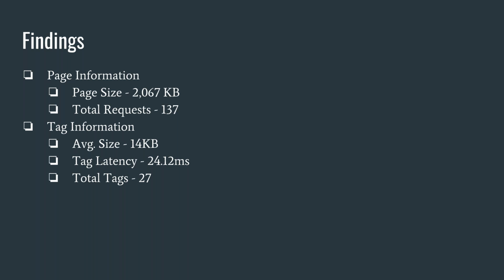So the first thing we looked at was just page information. Page size, on average across all pages of these different sites, was a little over 2,000 kilobytes. Now, not bad at all. One thing that a lot of people are starting to look at, and what I referenced earlier, is the bandwidth that a typical user has.